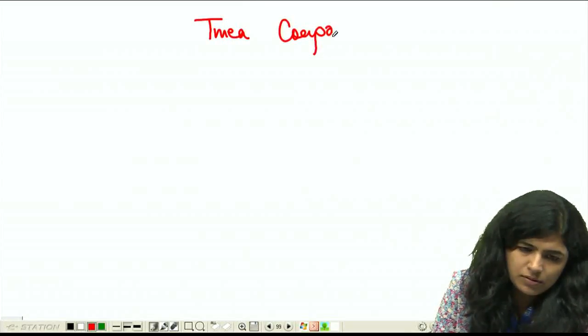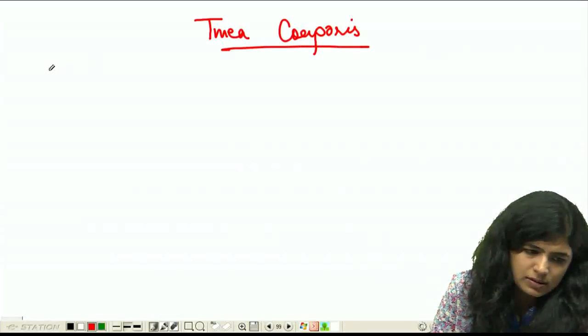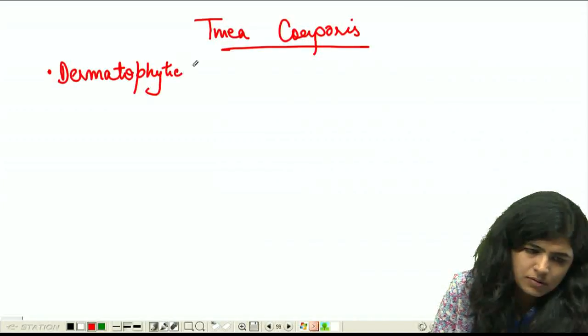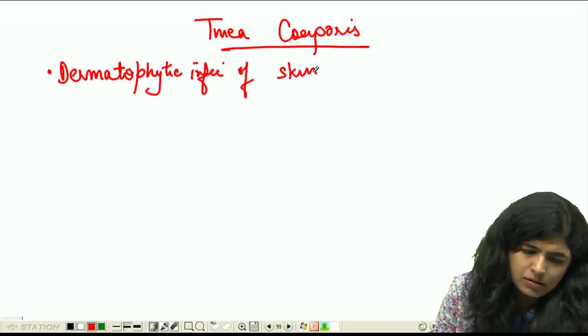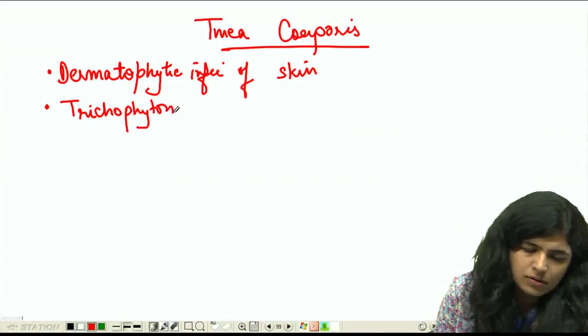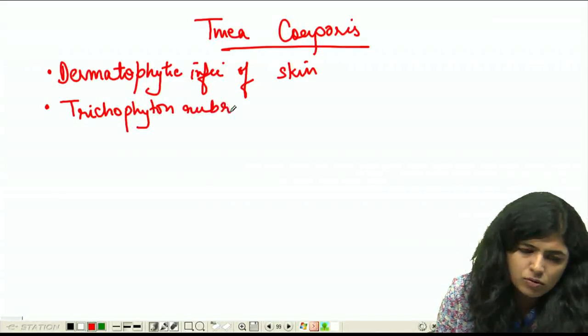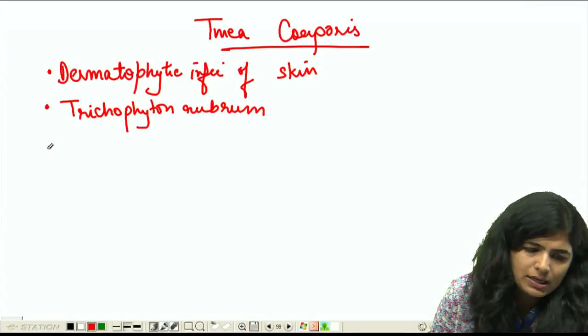This is a dermatophytic infection of skin caused by Trichophyton rubrum most commonly.